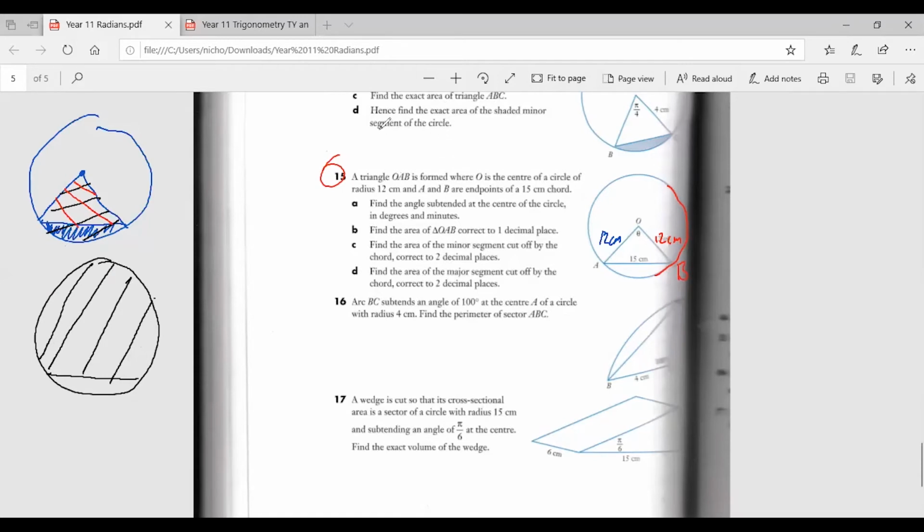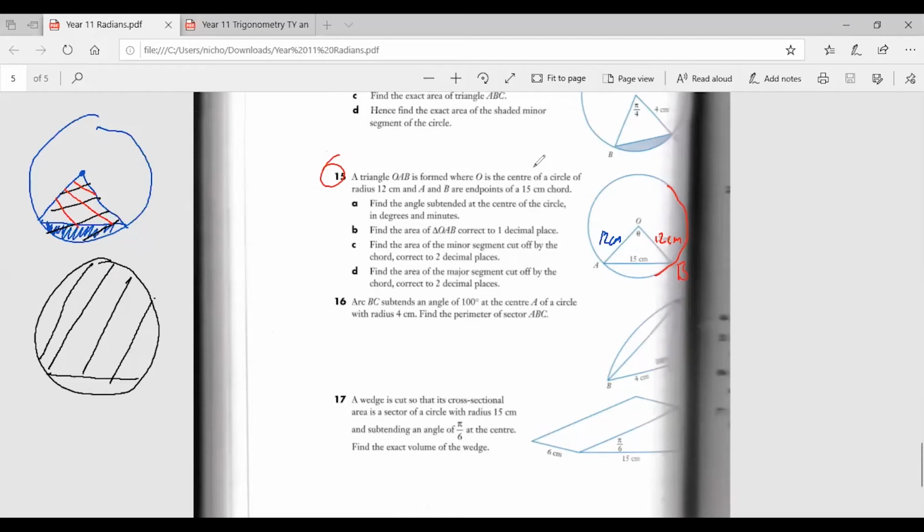Okay. So the area of the circle is pi r squared. So pi times 12 squared, and that's 452.389.